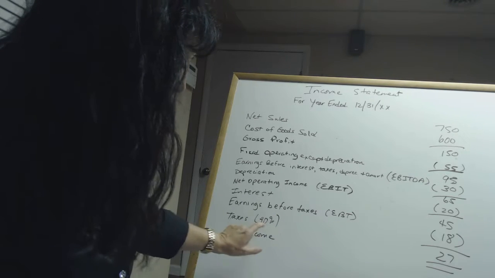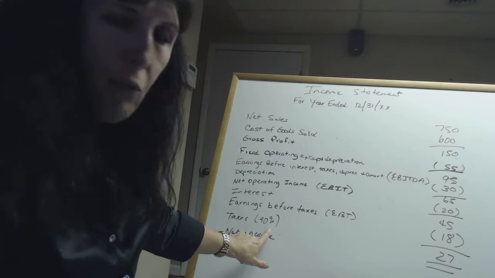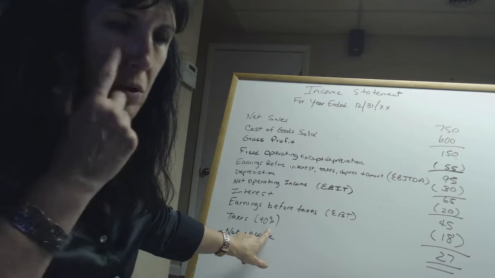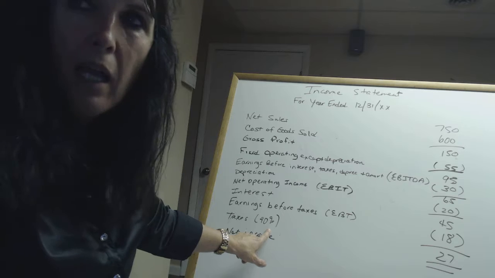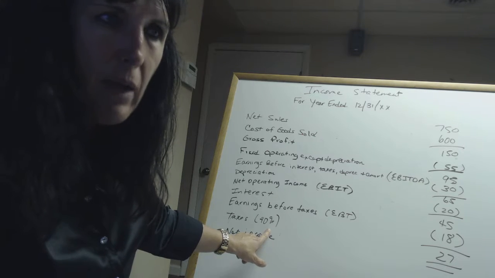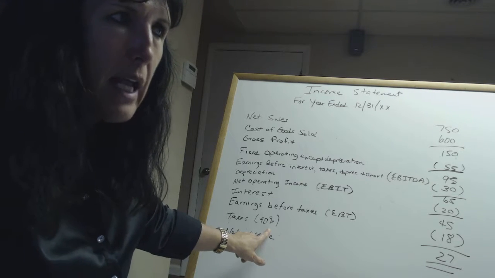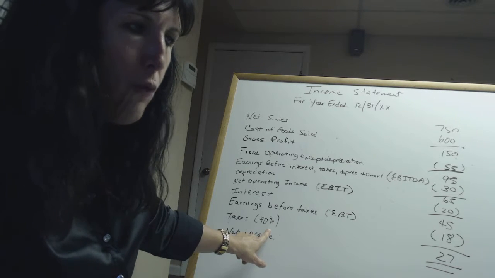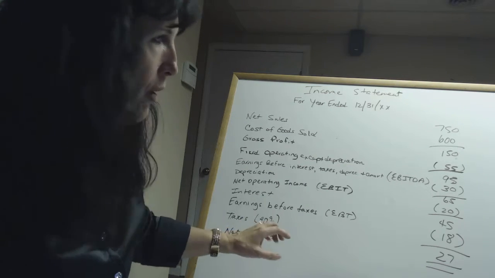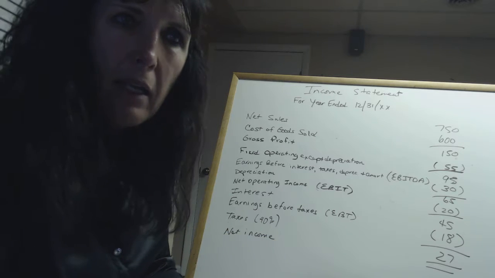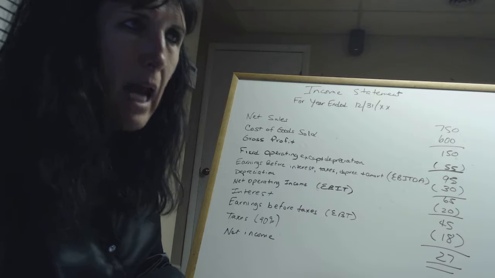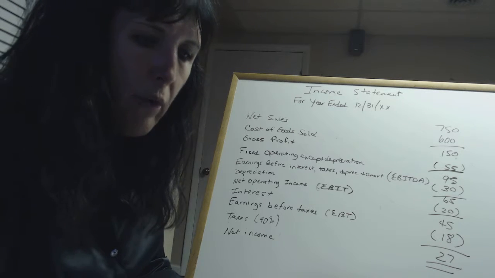Then we have our tax amount, and in this case, we're using a 40% rate for income taxes. Of course, we know that in the real world, the tax rate is not a flat rate like that, but we can calculate an overall rate, an estimate, based on an estimated net income for the year and the amount of income taxes that there would be for that income.